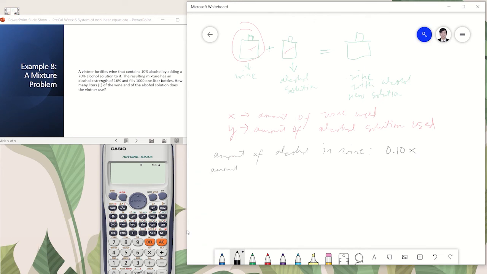And then the amount of alcohol in our solution, think of it as the ones in our container, that would just be 70%. So 0.7 times y.